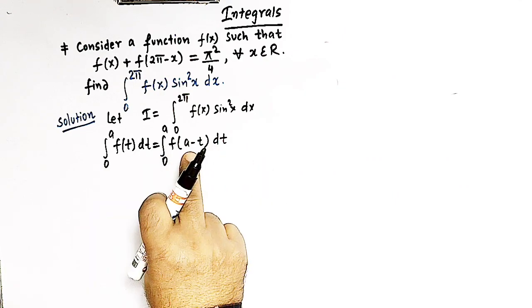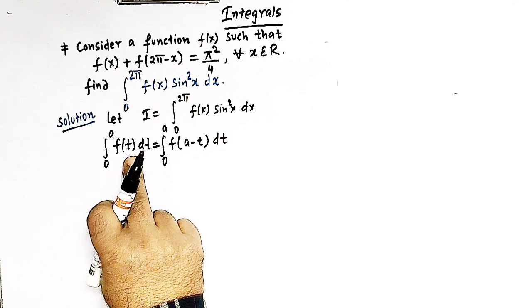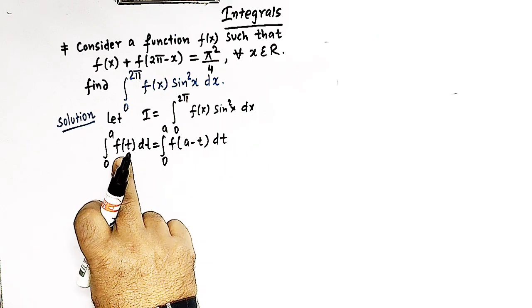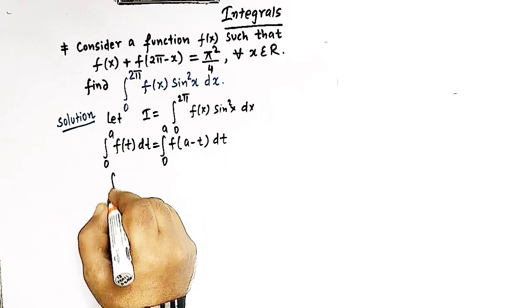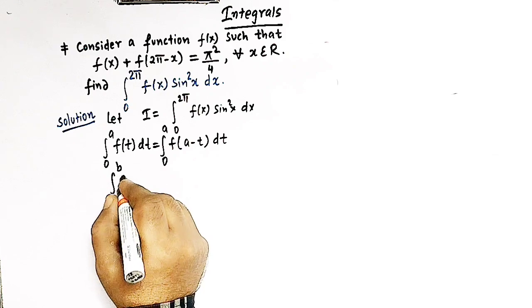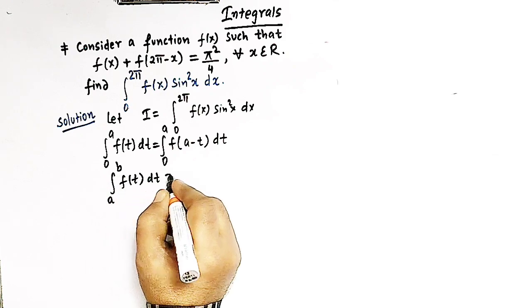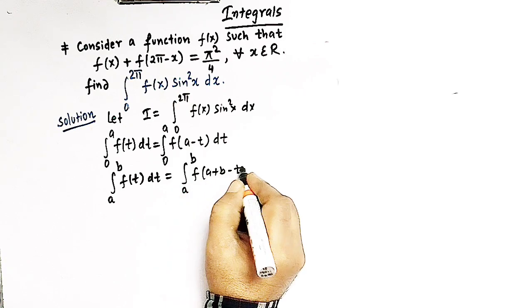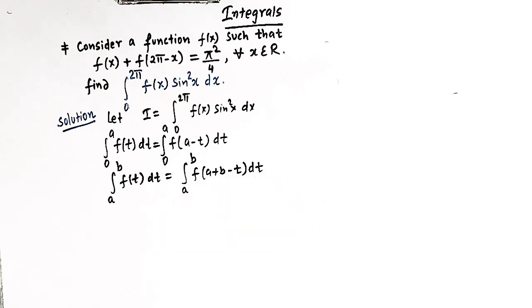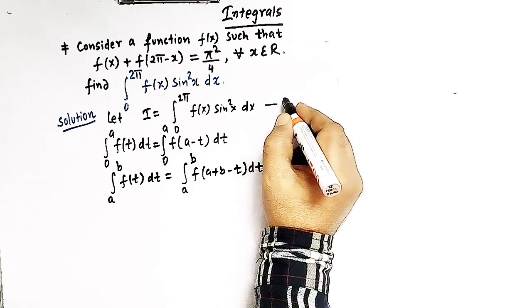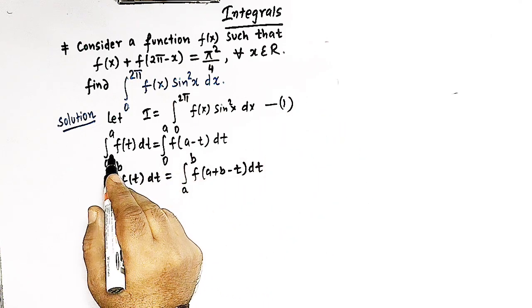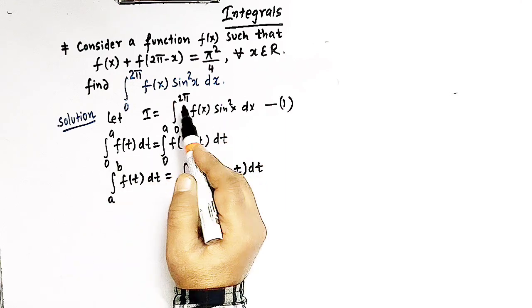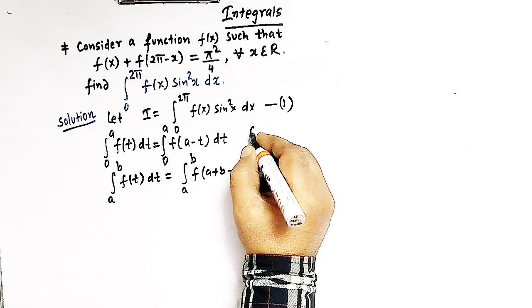So this is an important property of definite integrals which can be utilized in this integral, right? Because this property is a particular case of this one, that is a to b f of t dt is equal to a to b f of a plus b minus t dt, right? So let us call this integral as integral number 1, and let us apply this property to this one. So here the value of a is 2 pi, right?